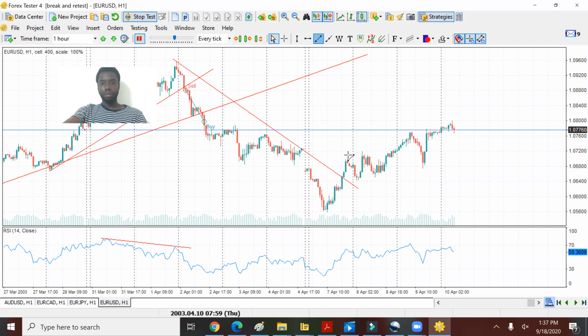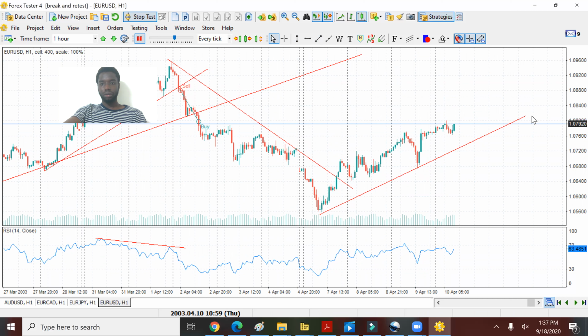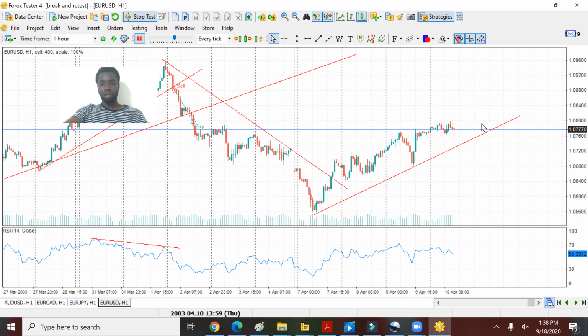Before that, let me draw this massive trend line. Okay, so there's further divergence, and let's see if we have a trend line like this.